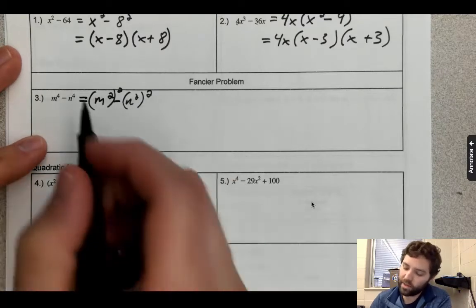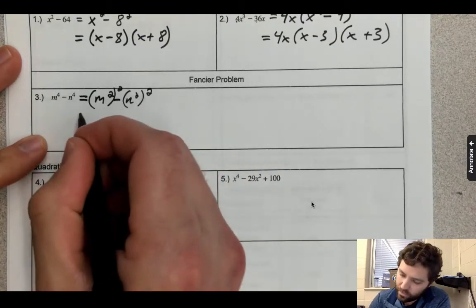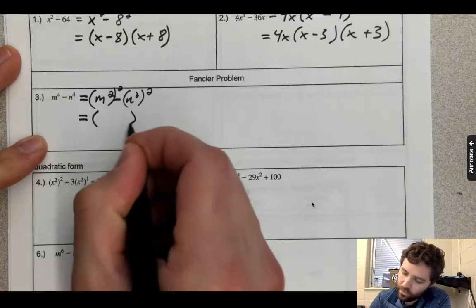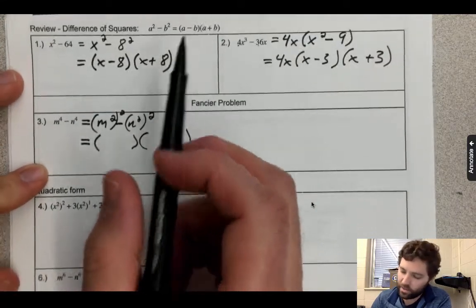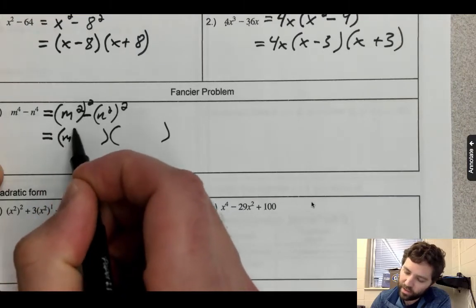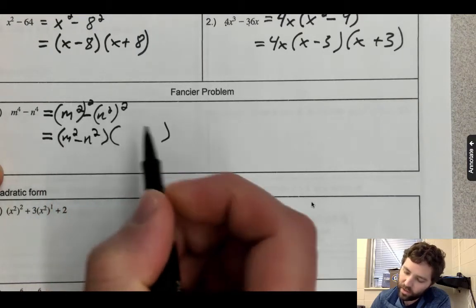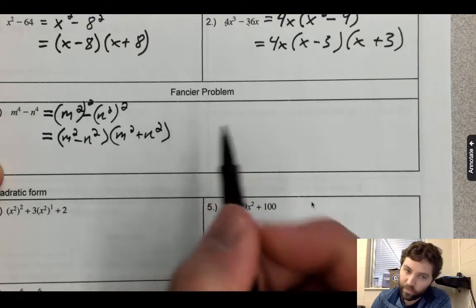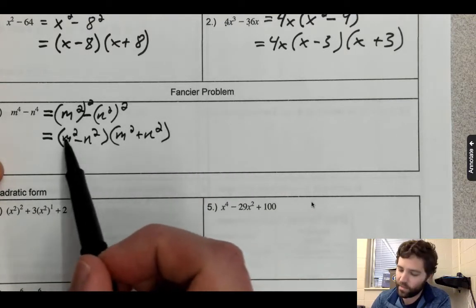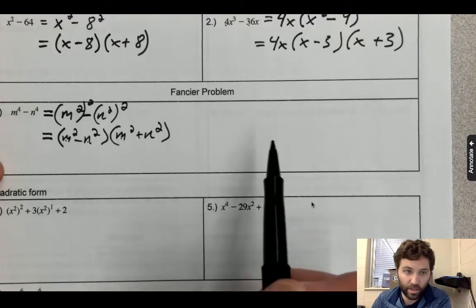And so I can break this into a minus b, so a is m squared in this case, minus n squared, and then m squared plus n squared. Again, just following the format, a minus b times a plus b.